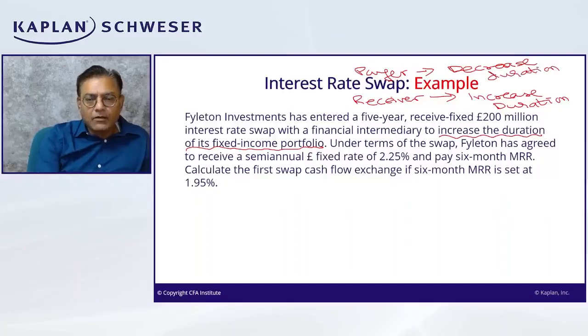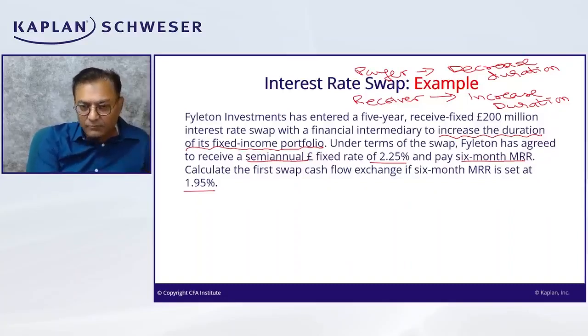Okay, now under the terms of the swap, Falcon has agreed to receive a fixed rate of 2.25%. Again, remember that is annual. The swap calls for semi-annual settlement, so you divide it by 2 and pay the 6-month MRR. At onset, today's 6-month MRR is 1.95%.